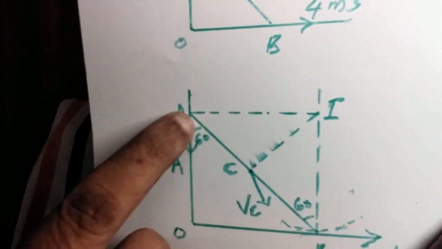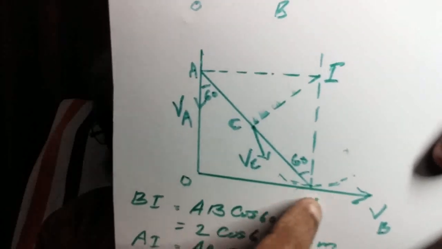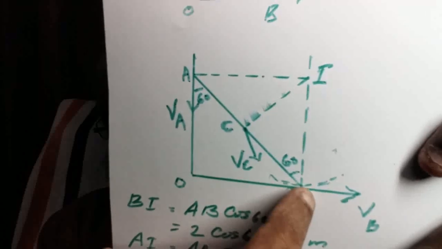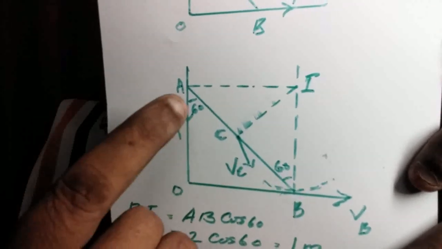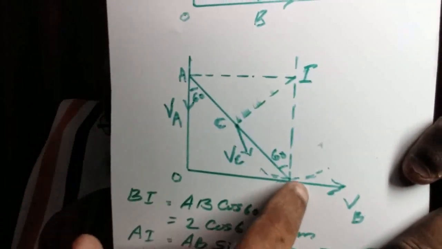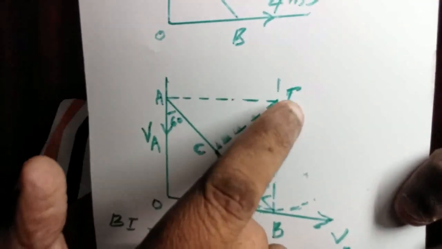So the foot of the velocity vector is at A. This is another velocity vector VB, foot is at B. What is the procedure? Just draw two perpendiculars, one from A, the other from B. These two perpendiculars meet at I. So I is the instantaneous center of zero velocity in this problem.